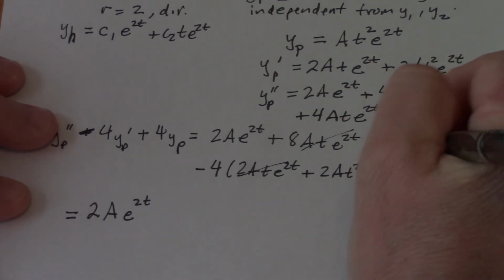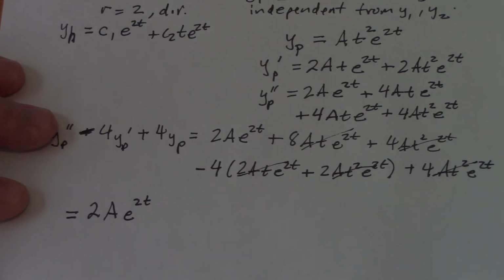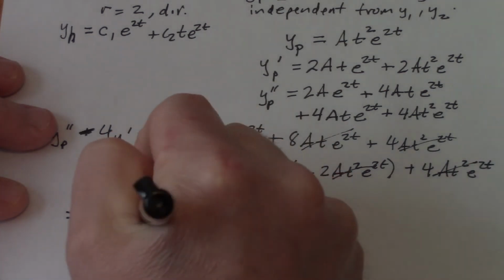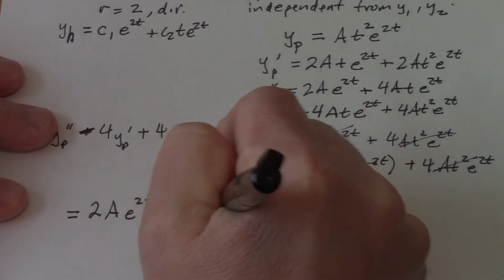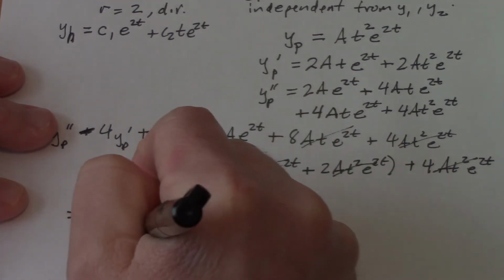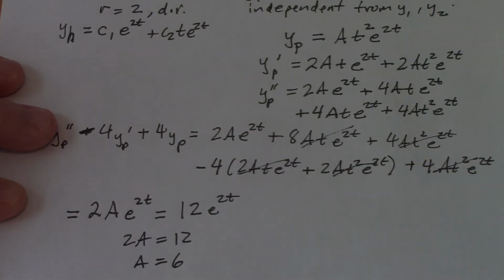Those are all going to cancel. And that always happens. So when you have these repeated parts and you're worried about them, don't. They should cancel off, and we get 2a e to the 2t equals 12 e to the 2t. So 2a equals 12, and a is 6.